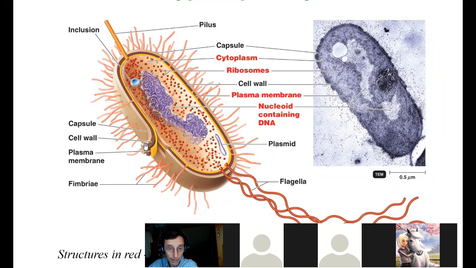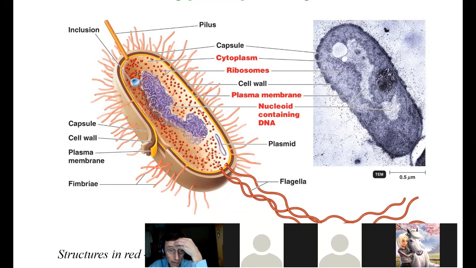And to see the slime layer, you'd have to look at it under the electron microscope. The light microscope can't see it because the slime layer is mostly water. The capsule and the slime layer are secreted external to the cell, and they're secreted by the cell.